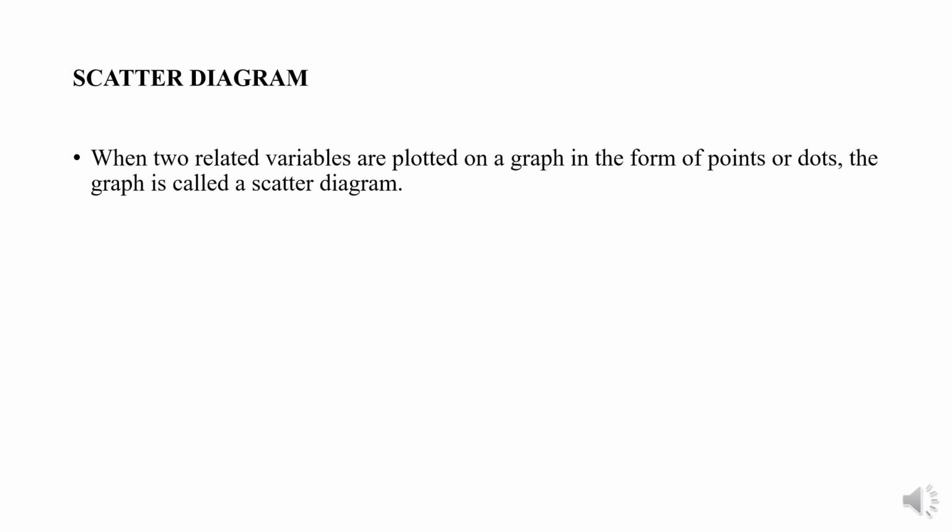As we already discussed in the previous lecture about the scatter diagram, there is positive correlation and negative correlation. So we will draw the graph. What is positive correlation? For positive correlation, we can draw the scatter diagram in this way.